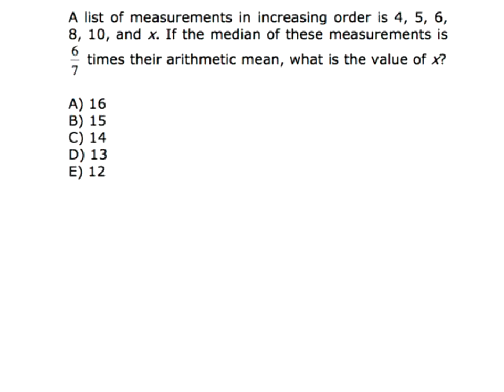Yeah, start plugging in answer choices. Sure. So that's really the thing, is just throw the answer choices in there and work backwards. So let's try that. Start from an answer choice and work backward. What's interesting about this problem is the median doesn't ever change, because these numbers are all in increasing order. It would be more interesting if it was 5, 4, 5, 6, 8, 10, and a random x that was not in increasing order, because then the median might be different.